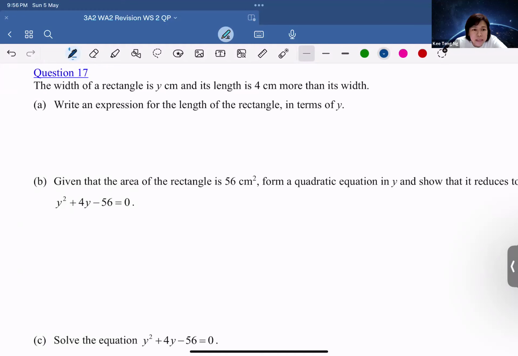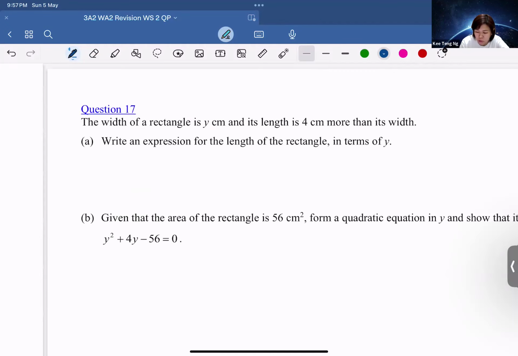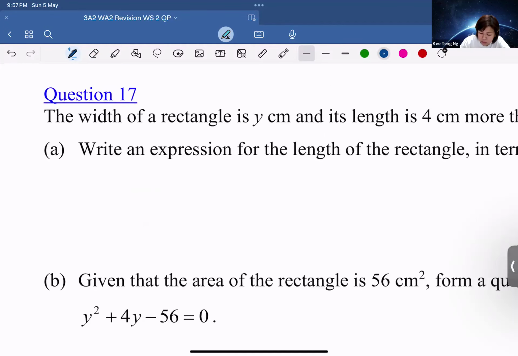Okay, question number 17. The width of a rectangle. Oh, let me draw a rectangle. Okay.